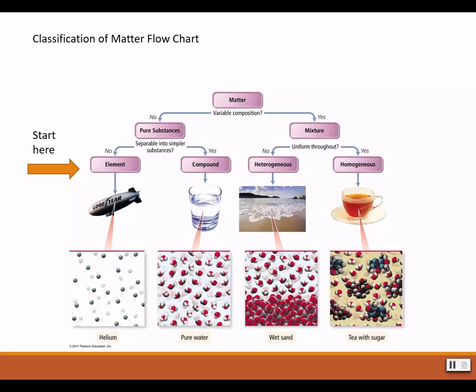For example, water would be a compound because you can separate it into hydrogen and oxygen, but if you cannot, then that is an element. So helium, what's in the balloon here, is a pure substance.